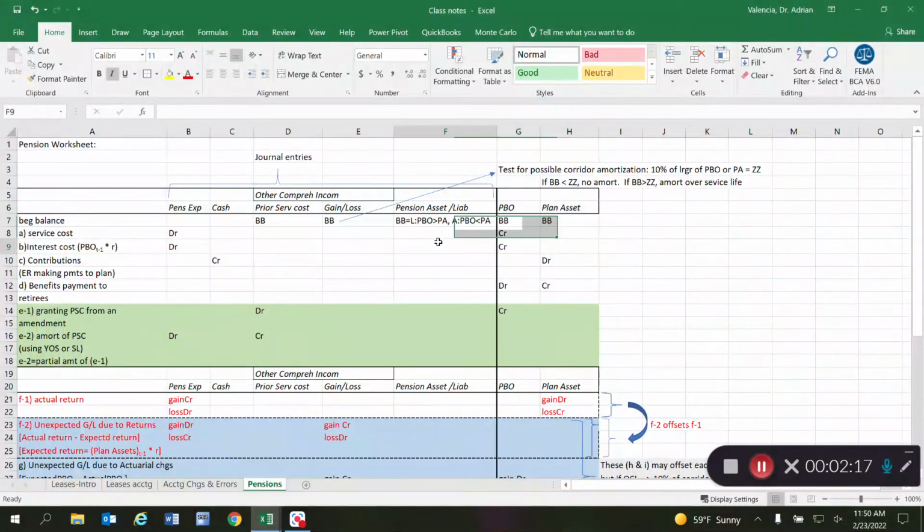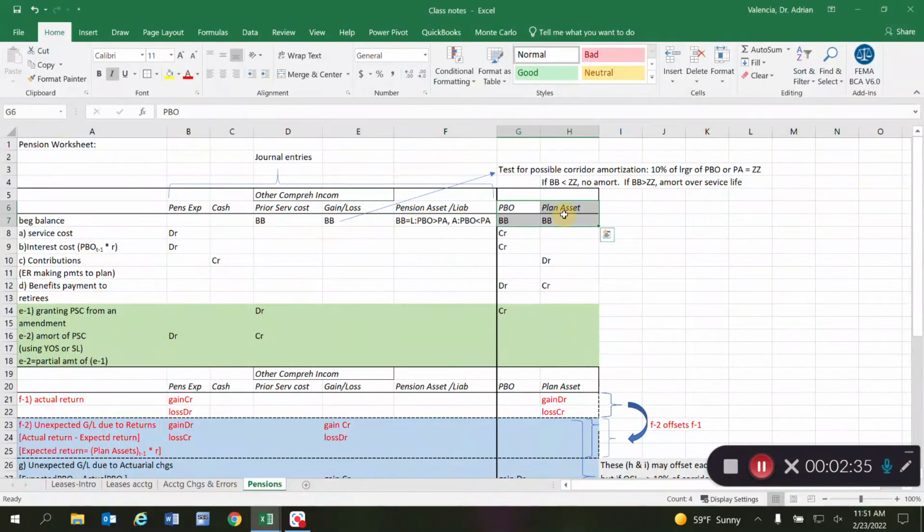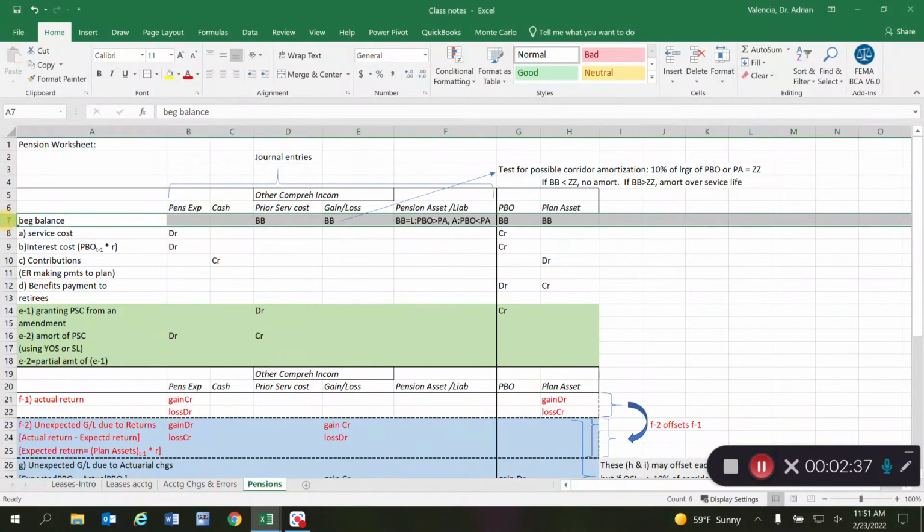The first thing is, at any point in time you'll have some beginning balances. There could be beginning balances for the prior service costs, any gains or losses related to other comprehensive income, the actual pension asset or liability position, and then these two items. The best way is to always start with your beginning balances, whether that is 0 or something else. It's good practice just to write that down.